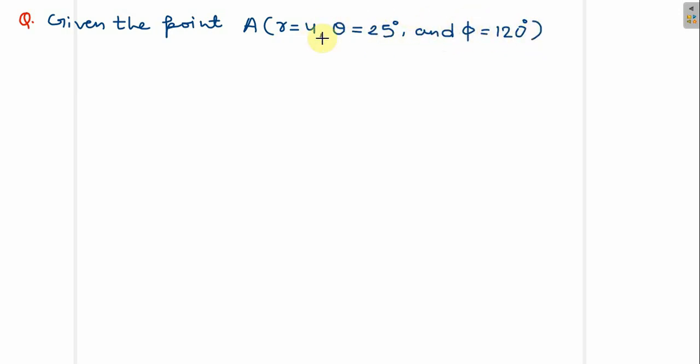How do we recognize it? Because the coordinates are r, theta and phi, and we know that these are the coordinates of a spherical system. Okay.